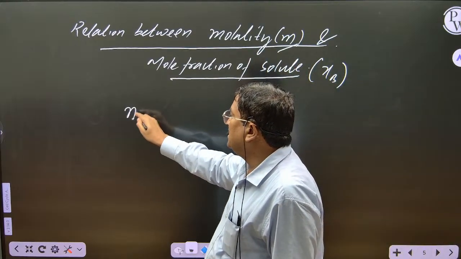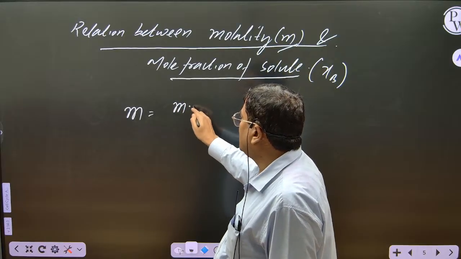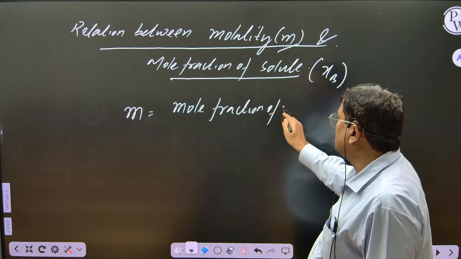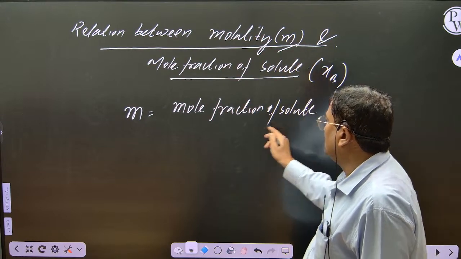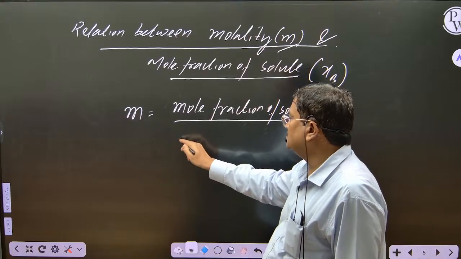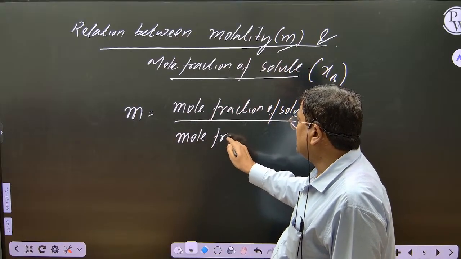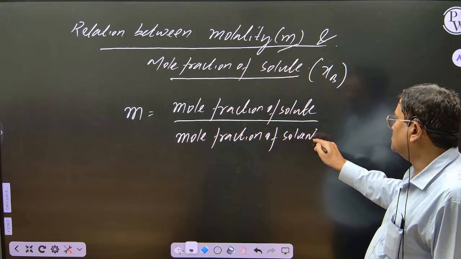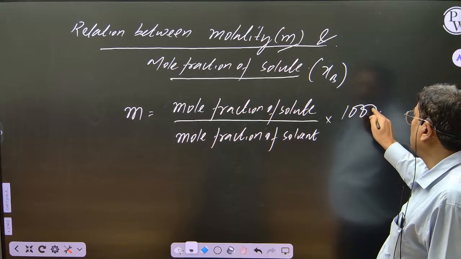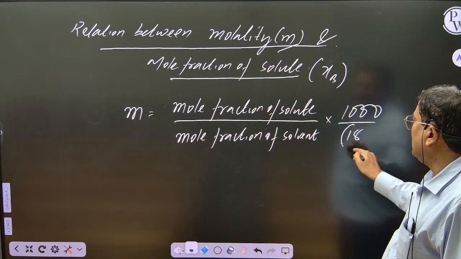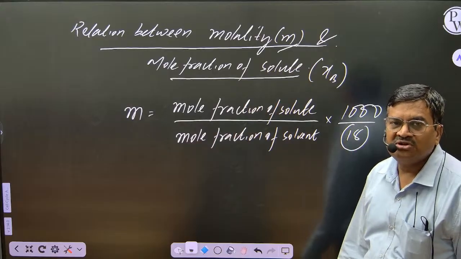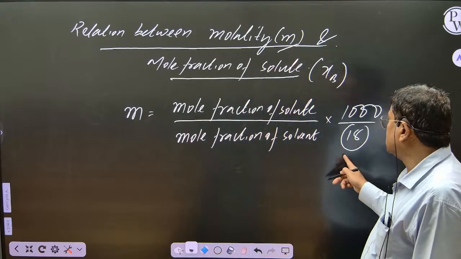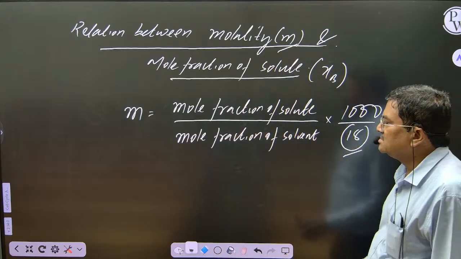Molality is given by mole fraction of solute by mole fraction of solvent, into 1000 by 18. Where did I get this 18 from? Water. If the solution is in aqueous medium, aqueous means what? Water. What is the molar mass of water? 18. This is the relation, put it in a box.